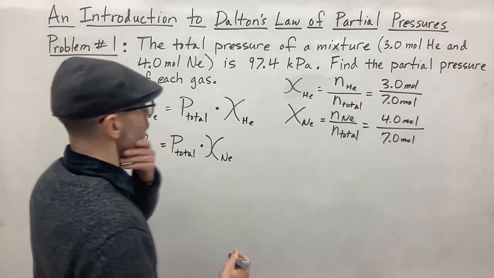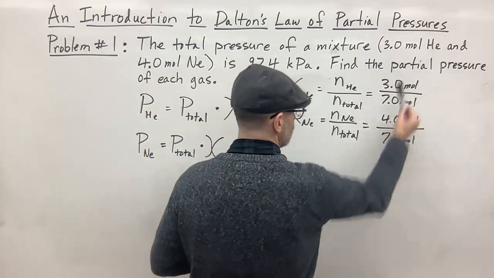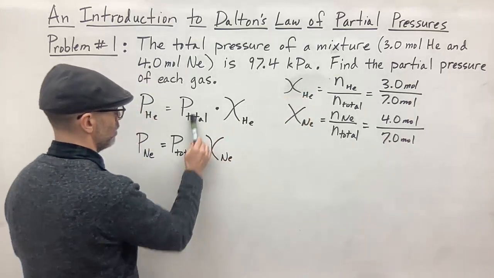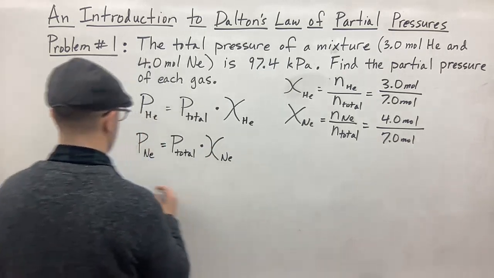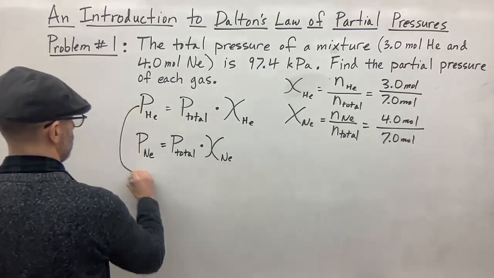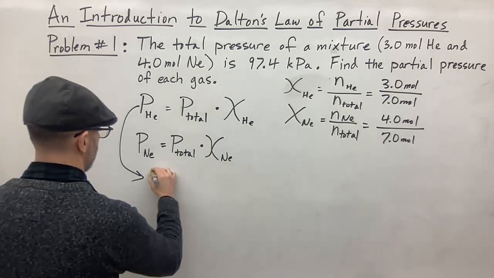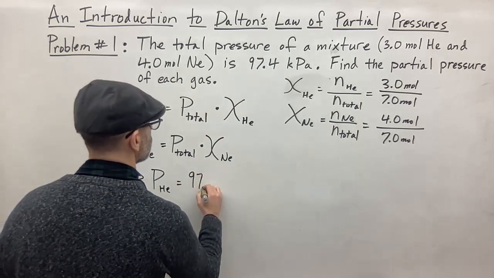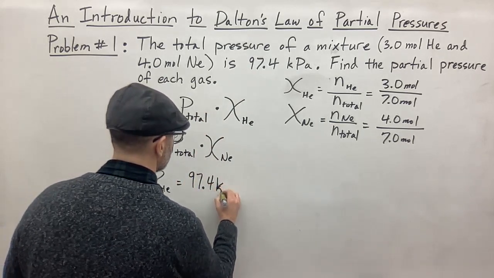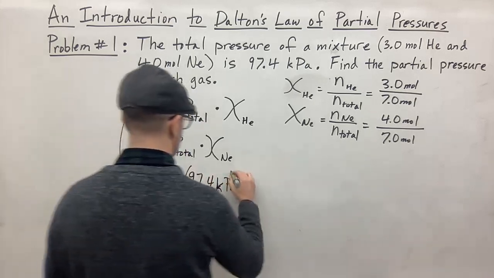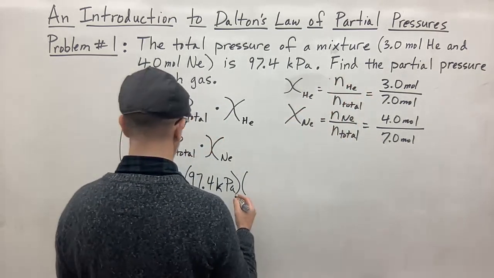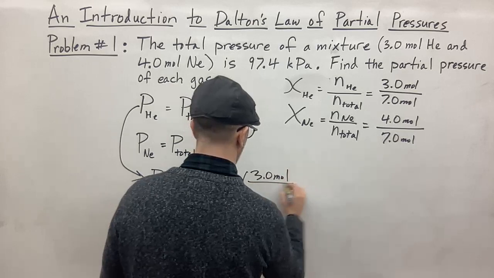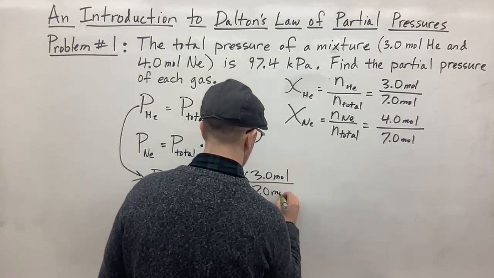Okay, so then all we need to do is plug in the mole fraction and the total pressure for each of these into our equation. The partial pressure of helium is equal to the total pressure, 97.4 kilopascals, multiplied by the mole fraction of helium, 3.0 moles over 7.0 moles.